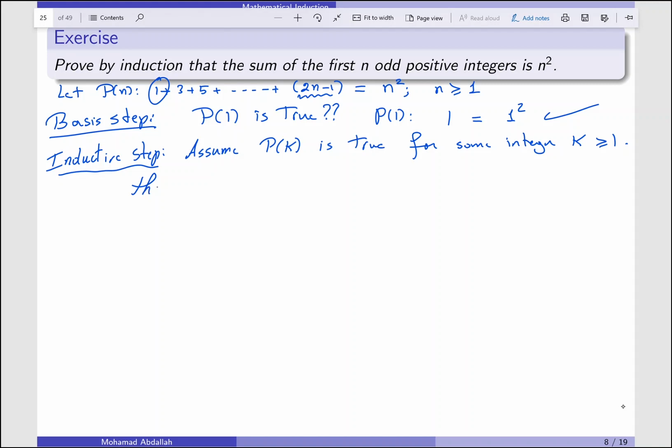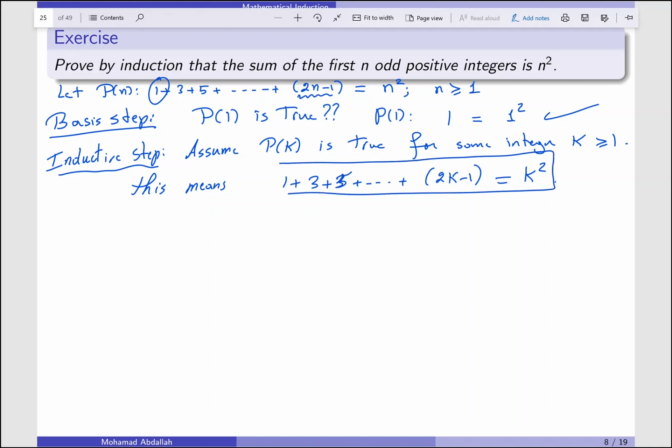This means that 1 plus 3 plus 5, etc., up to 2k minus 1 is equal to k squared. This is something I have, and this is what we call the induction hypothesis.